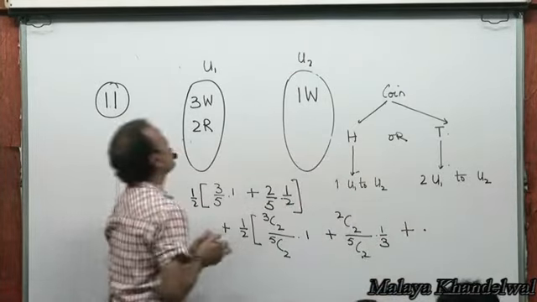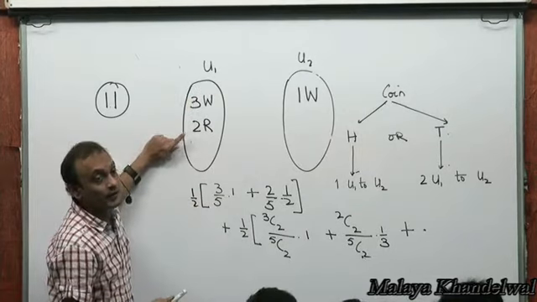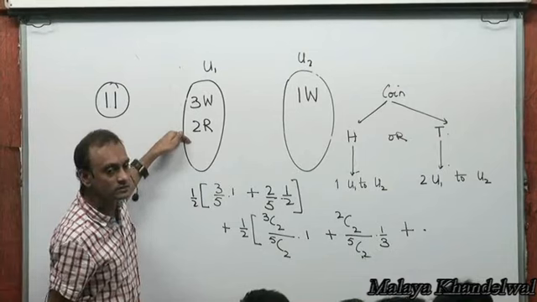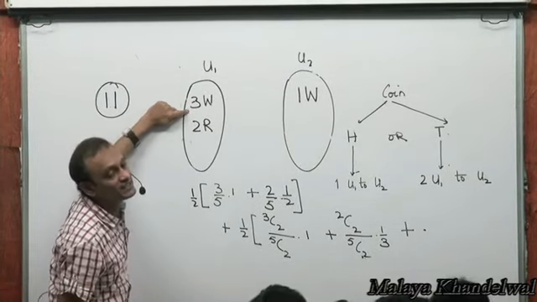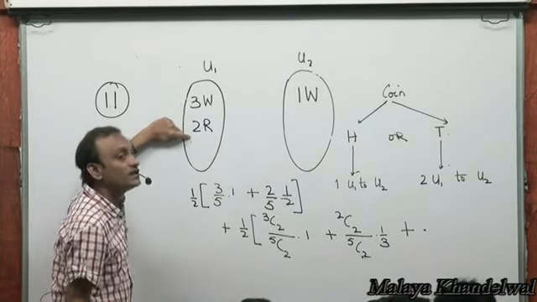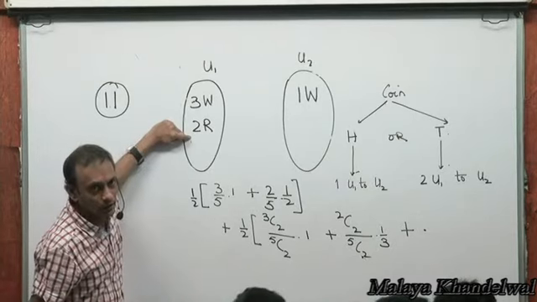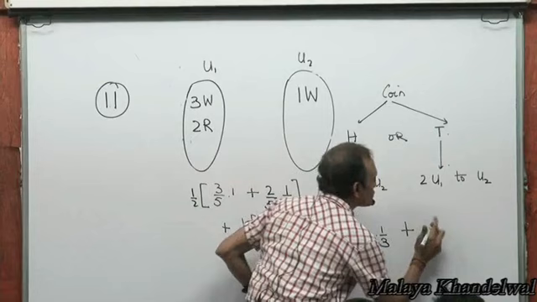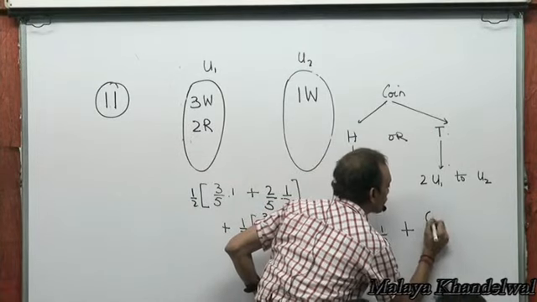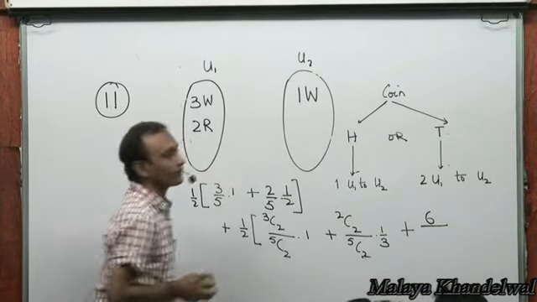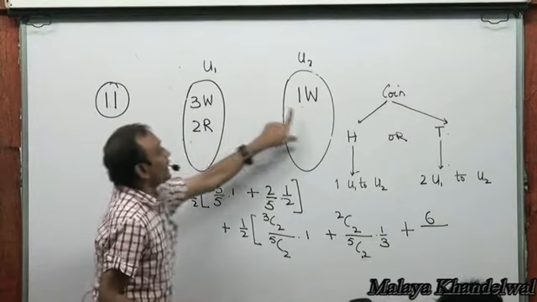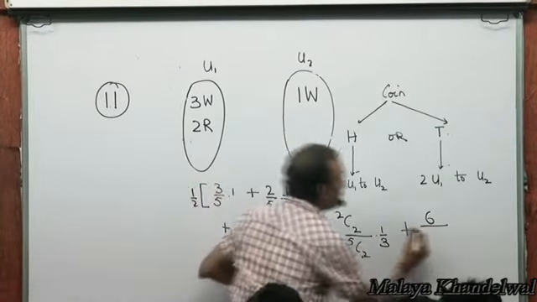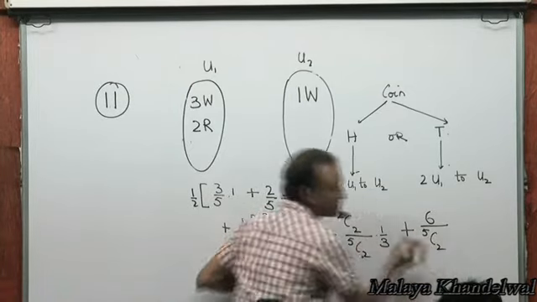Or 1 white and 1 red ball. 1 white and 1 red ball can be drawn in 3 into 2, 6 ways. A white ball drawn in 3 ways, a red ball drawn in 2 ways. So a white and a red ball, independent events. So 6 ways, right? 6 ways divided by, I'm sorry, by 5C2, right?